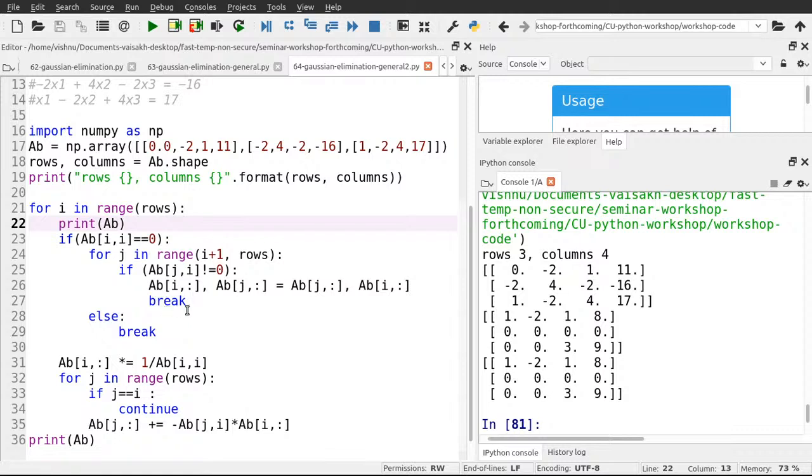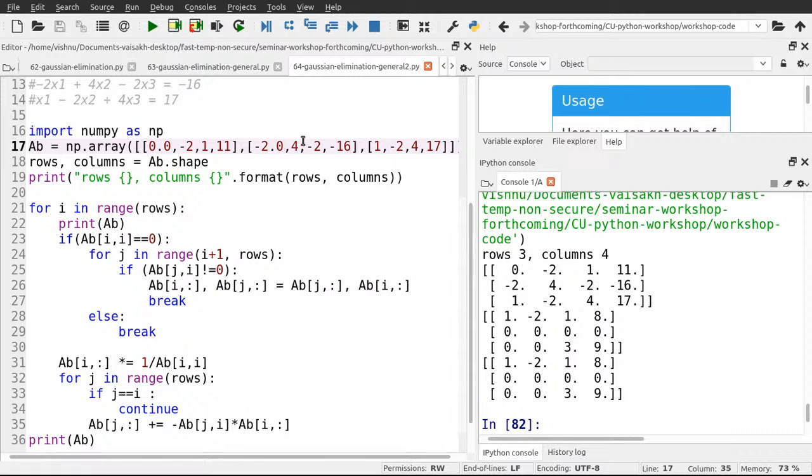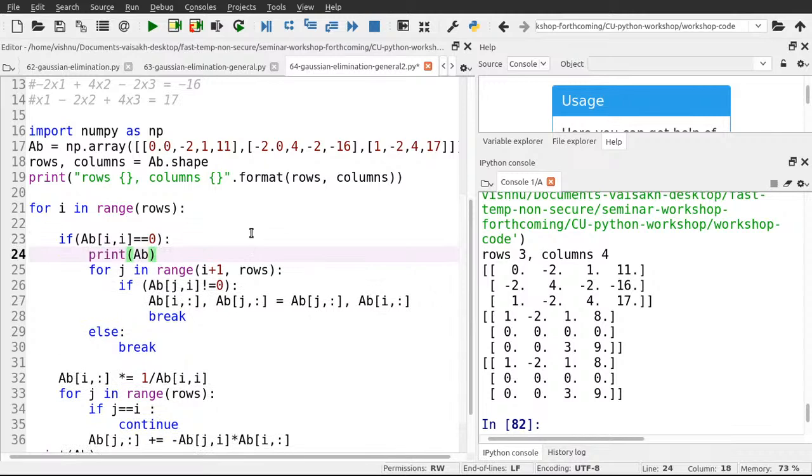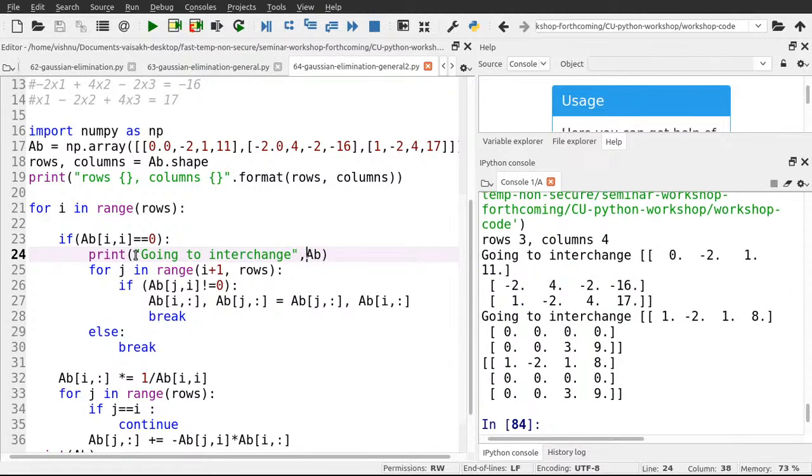But why is it like that? Let me just see. 0 minus 2, 1, 1. That's fine. So is there any need of giving point 0 even here? That's not the thing. So what is happening at each and every step? Okay, let us see. Let us give a message also: "I'm going to interchange" and a new line.